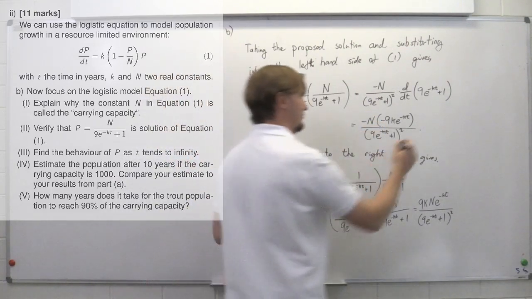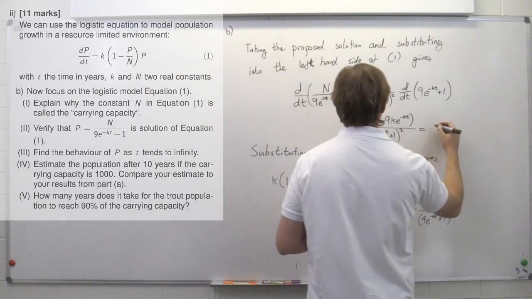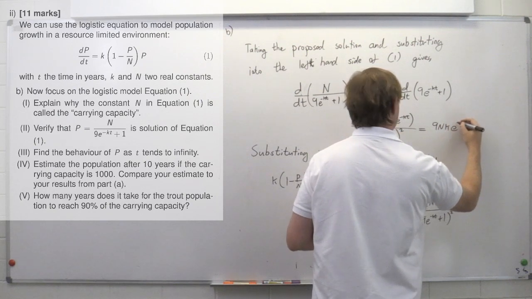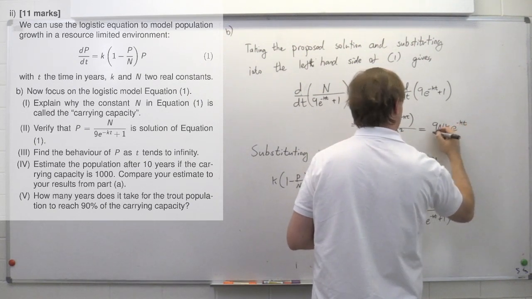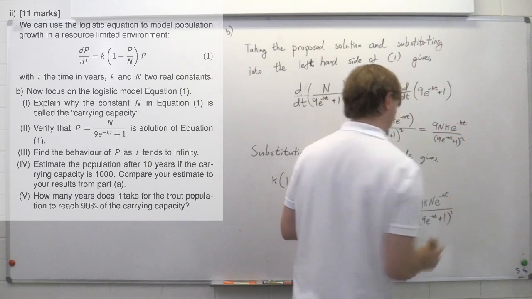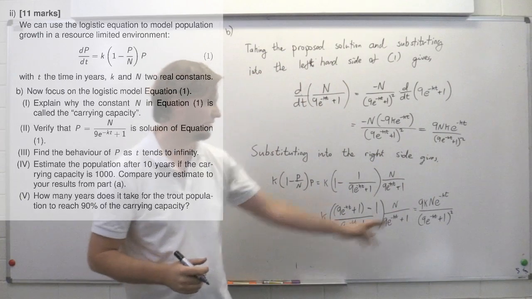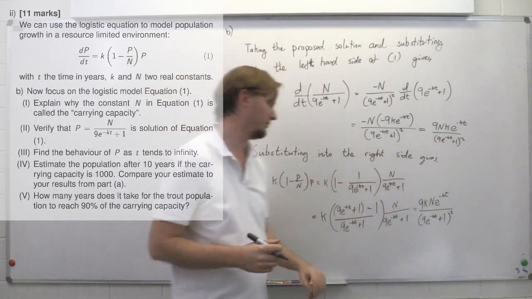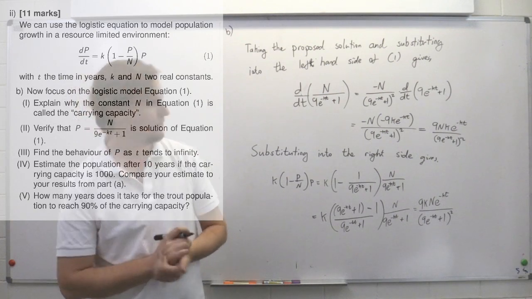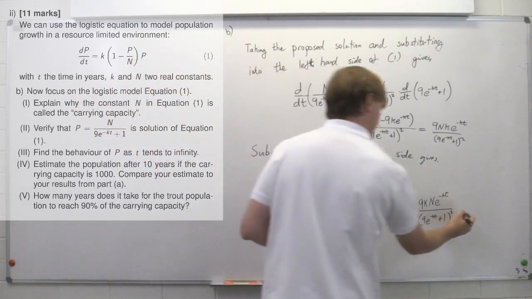I really should have written this as 9nk. So just cancel out the minus signs. And you really do have the same terms here. I've swapped the order of k and n, but scalar multiplication is commutative, so that's fine. So this is as required.